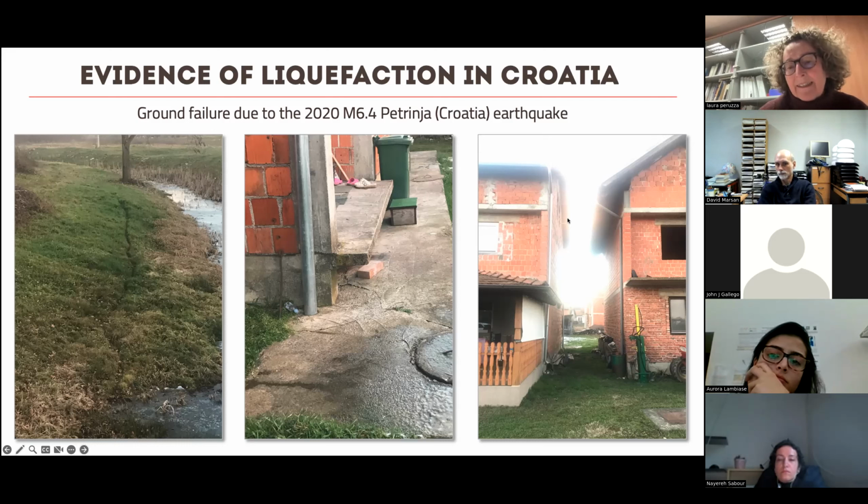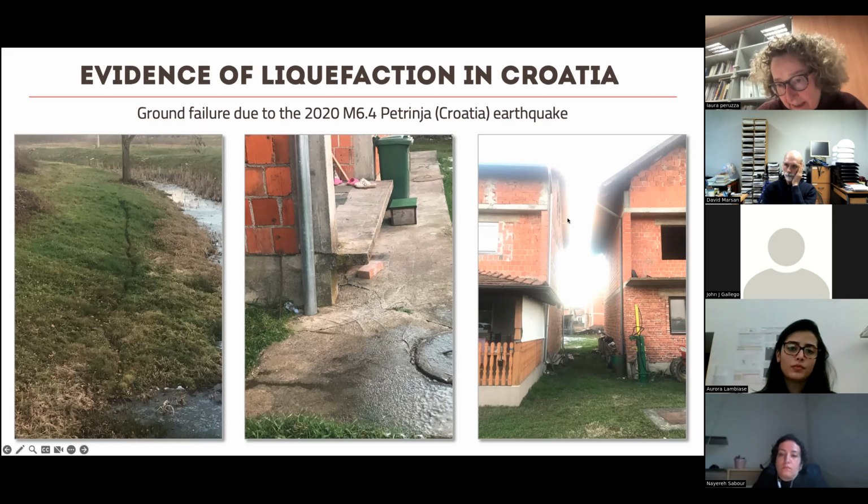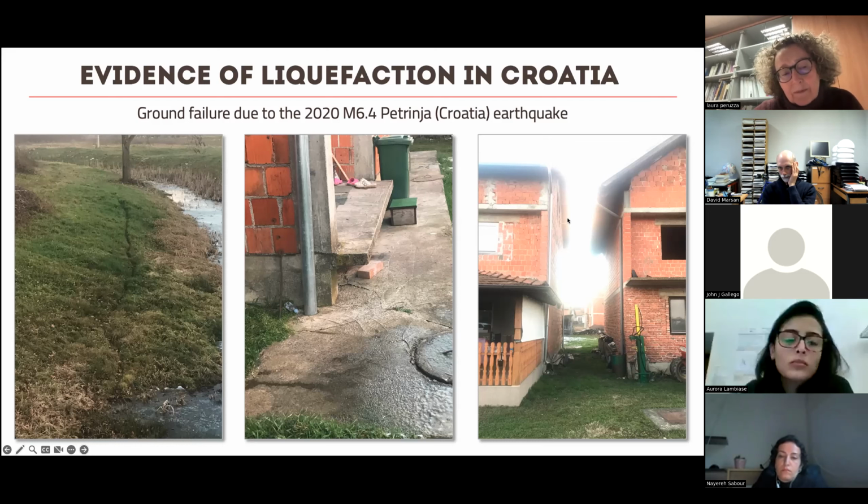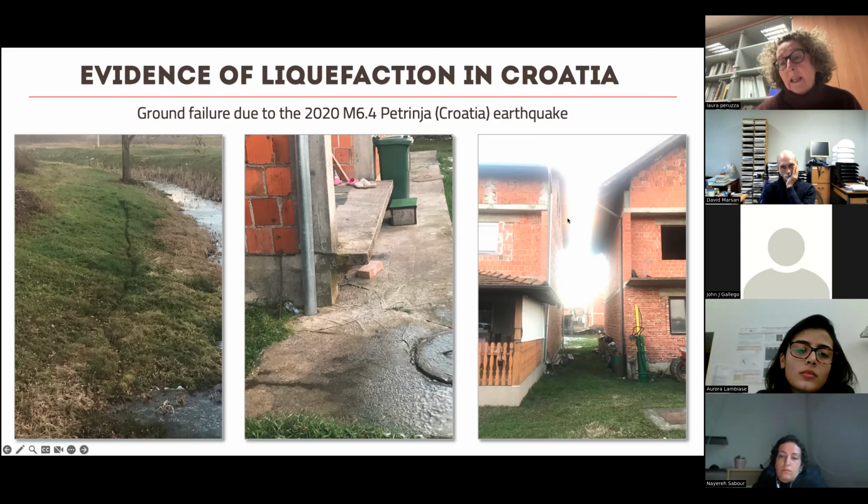And usually a seismic hazard map does not consider local site response effects. So before talking about secondary effects, we have to be sure that the ground motion predicted by our model is really adequate to the local site conditions.